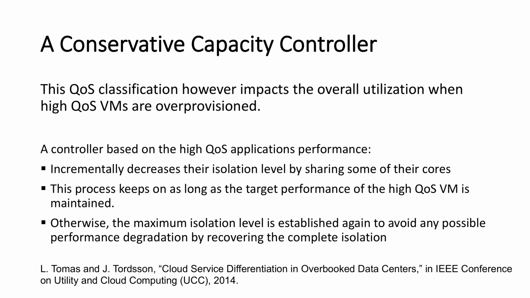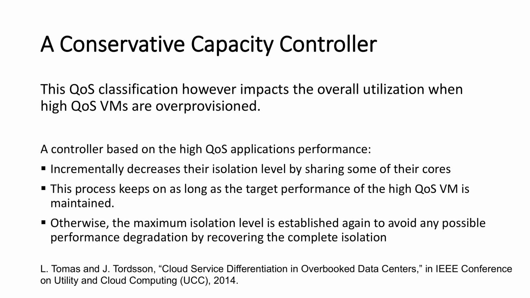To deal with this problem, a conservative controller based on the high quality of service applications' performance was introduced in our previous work. This controller incrementally decreases their isolation level by sharing some of their cores.